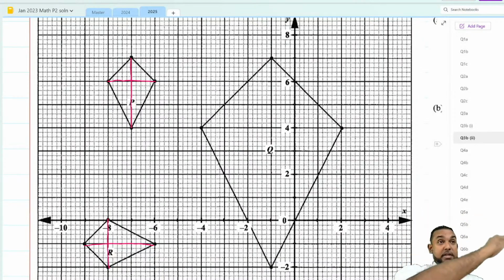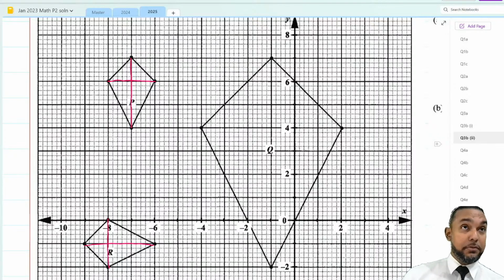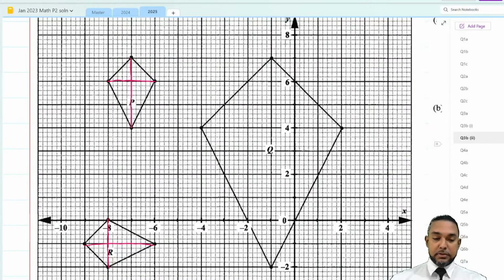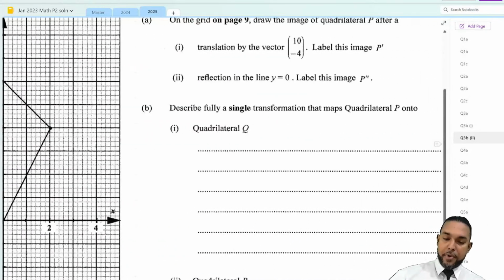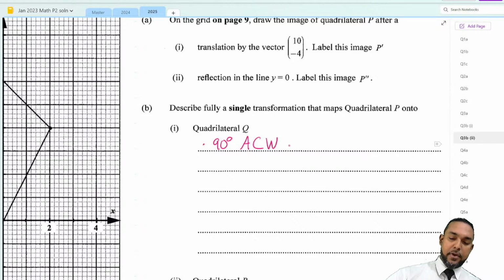So that is a 90-degree rotation, but going anti-clockwise, right? Now you could say that, or you could say a 270 clockwise rotation, right? So we have a 90-degree anti-clockwise rotation. Sorry, I put it on the wrong spot.